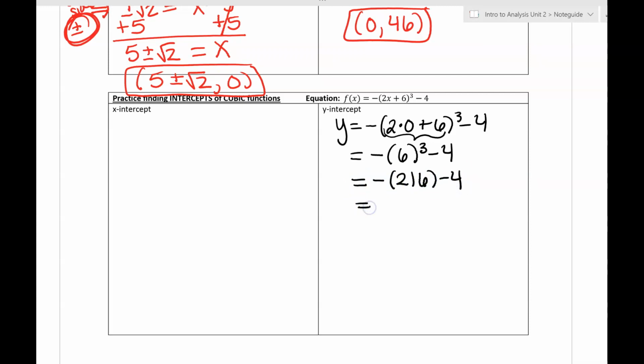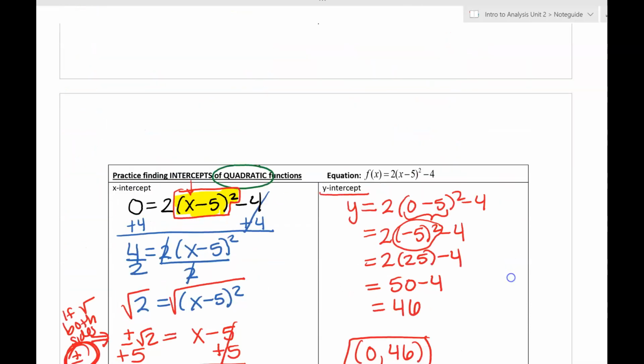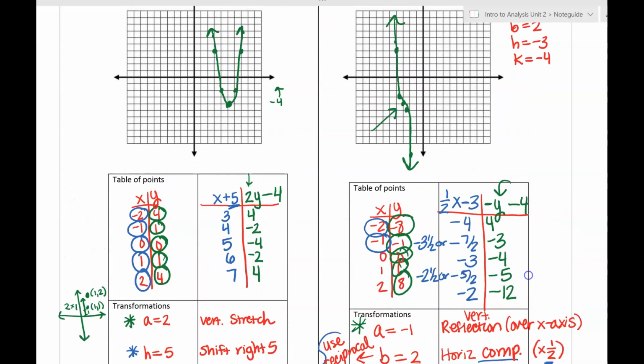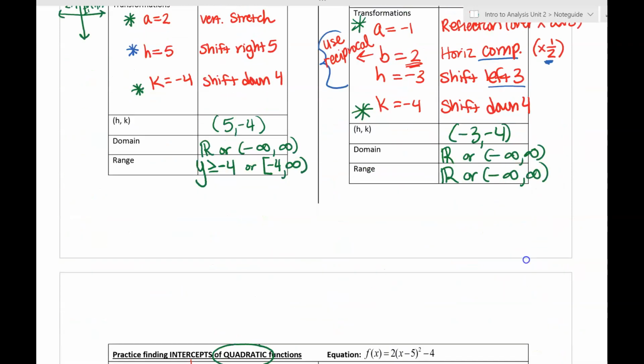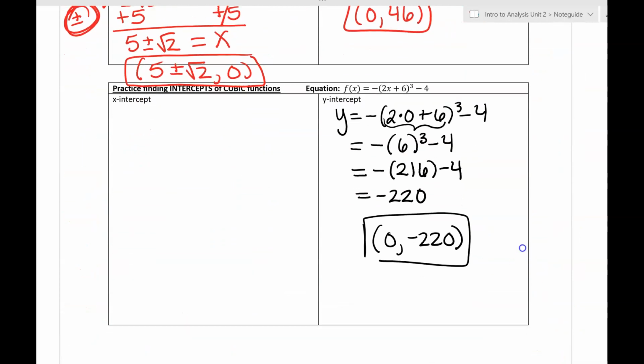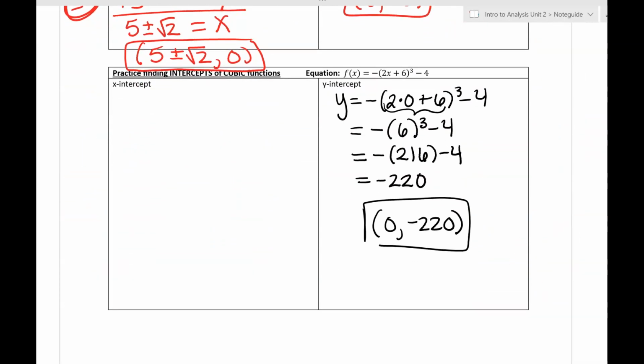And negative 216 minus 4 is negative 220. So that would be our y-intercept for our cubic function. And if you think that seems really odd, just go back and look at our cubic function. That graph is really steep. It's just going to take so long for it to actually get all the way over to the y-axis. So that makes sense.